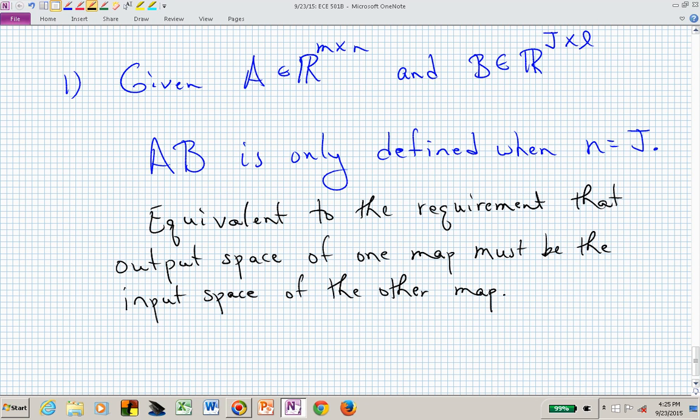In that sentence that I just wrote, which matrix's output space am I interested in being the same as which matrix's input space? Which matrix am I thinking of on the output space?